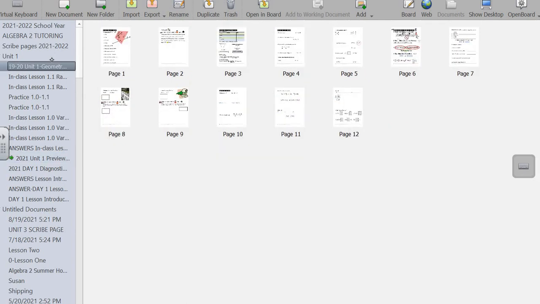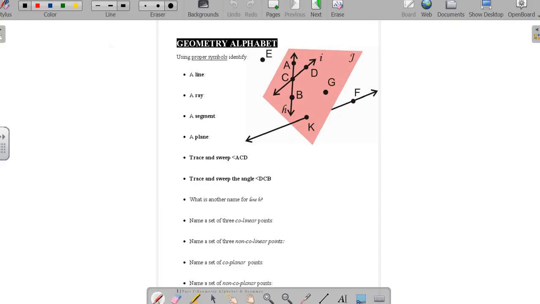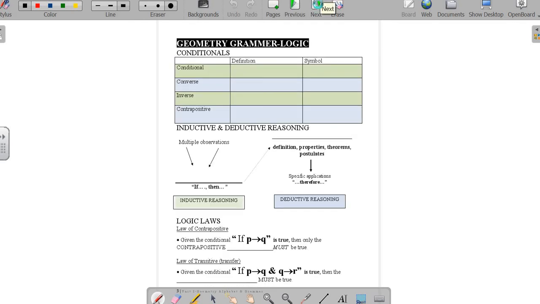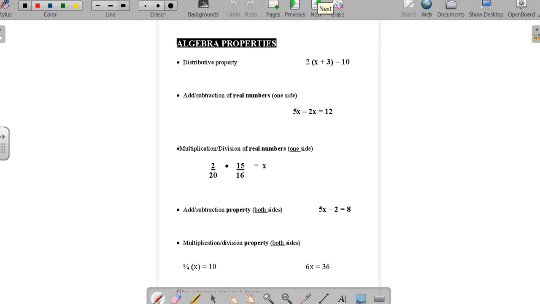So go to your reference booklet in geometry, Unit 1. There's your first section. Find this page, Algebraic Properties. I'll wait 10 seconds.